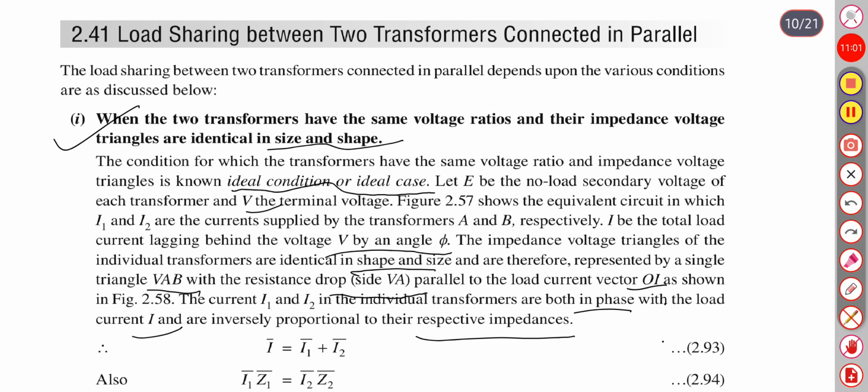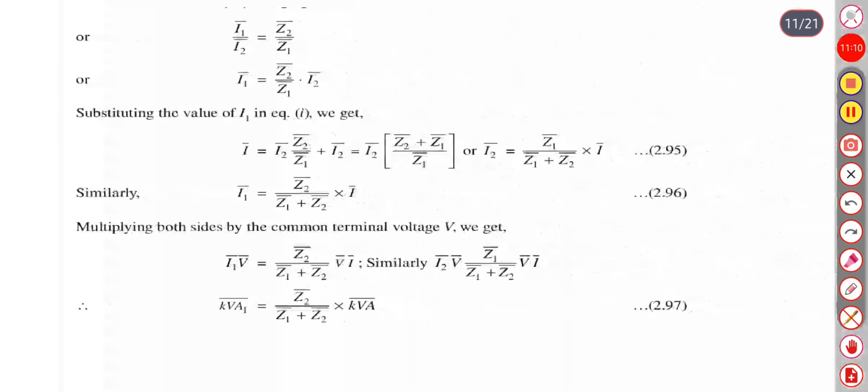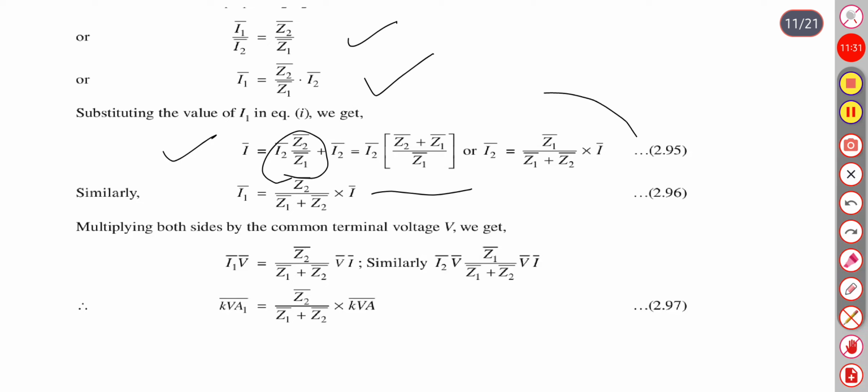So the total current I will be I1 plus I2. Now I1 Z1 is equal to I2 Z2. Therefore I1 by I2 equals Z2 by Z1, and you can find the I1 value from here. Now putting the I1 value in this case, we will get I2 times (Z2 plus Z1) upon Z1, or you can calculate I2 also.